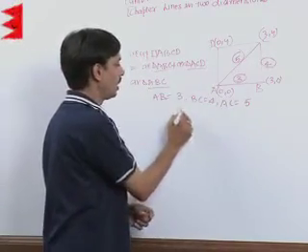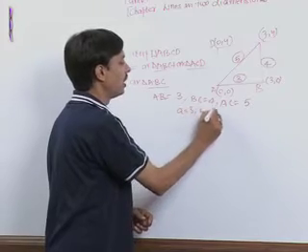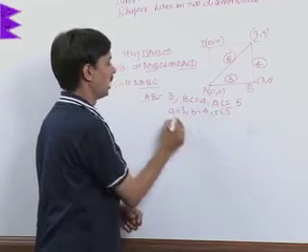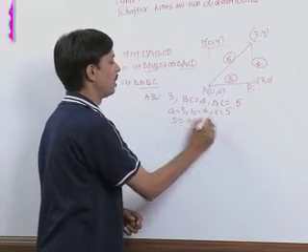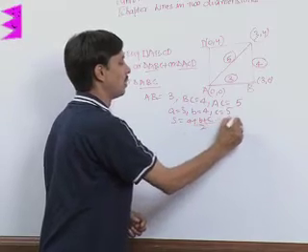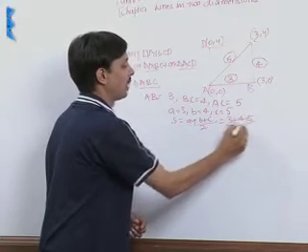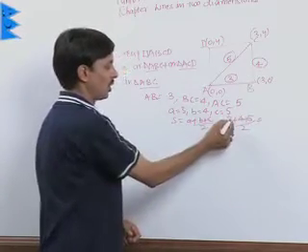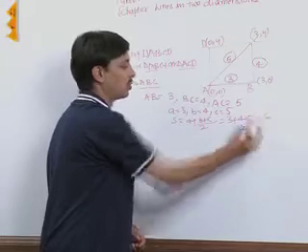So if we say a is 3, b is 4, c is 5, then s is equal to (a plus b plus c) upon 2. That is (3 plus 4 plus 5) upon 2, that is 3 plus 4, 7, plus 5, 12, upon 2, 6.